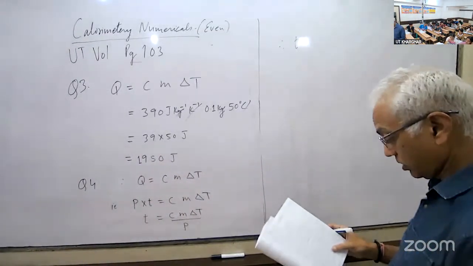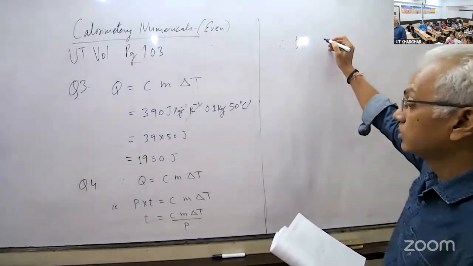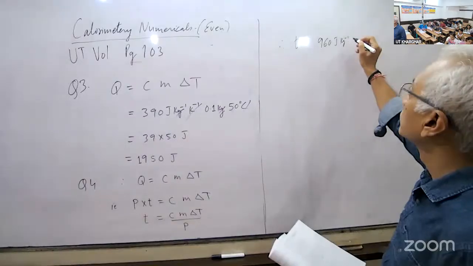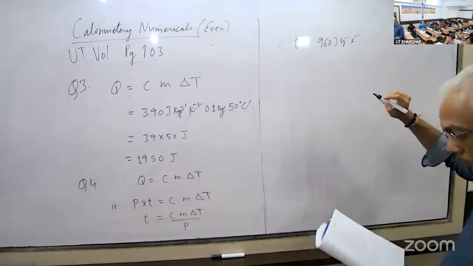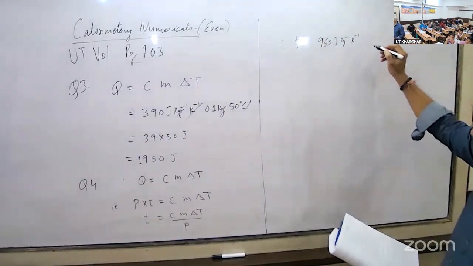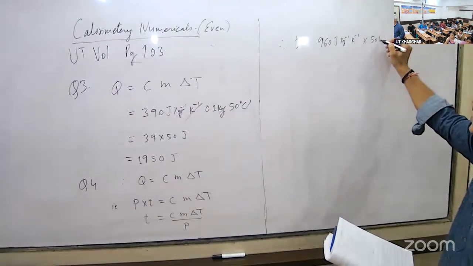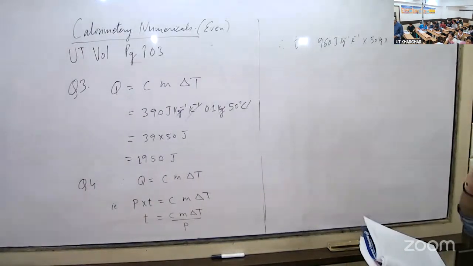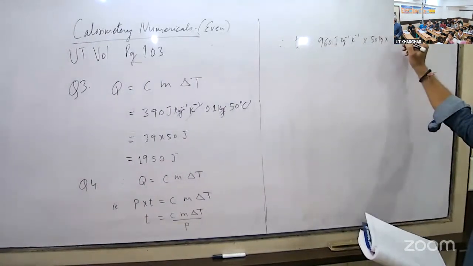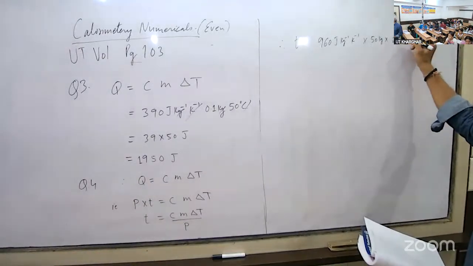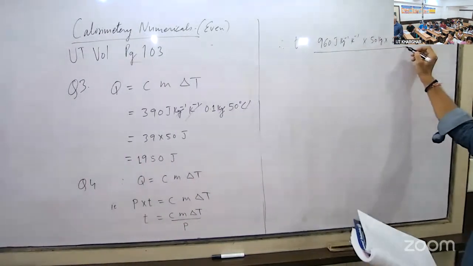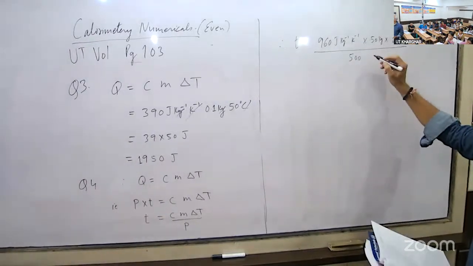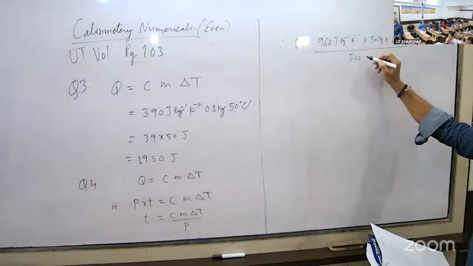So C is 960, mass is 50 kg, delta T is 20, and power is 500 watt.